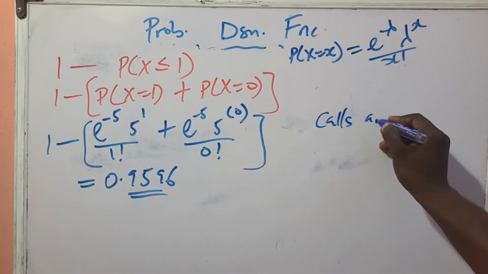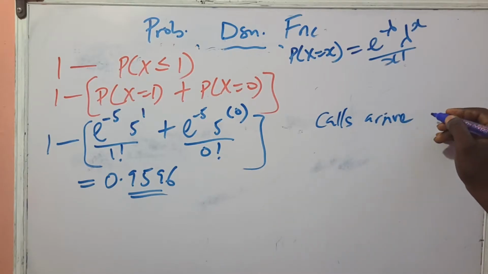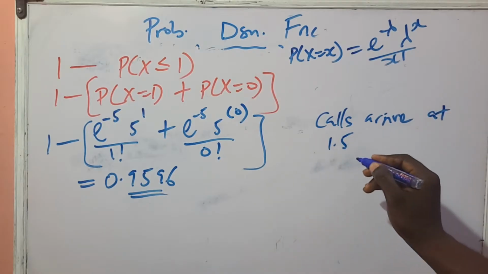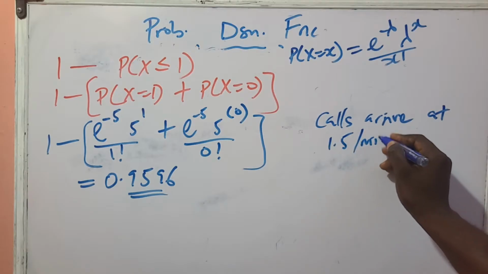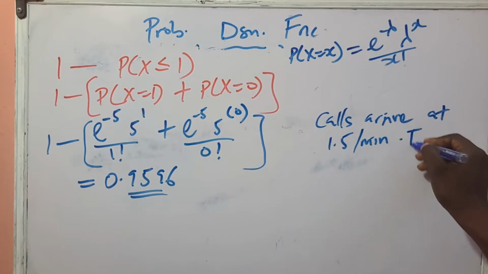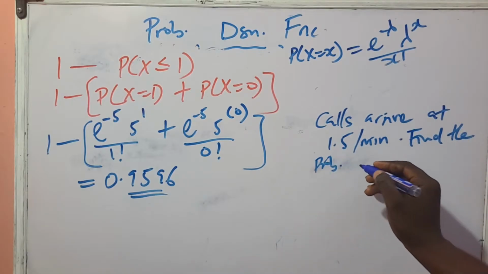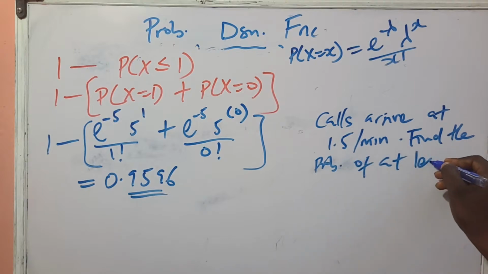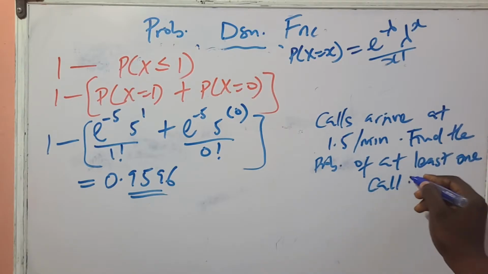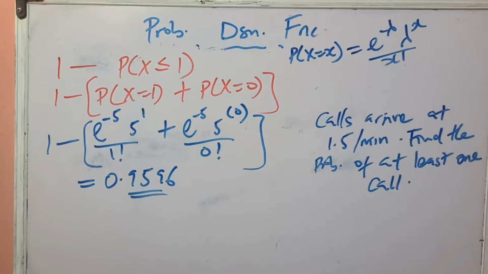So, calls arrive. This is another question. Calls arrive at 1.5 per minute. The question is for you to find the probability of at least one call. So calls arrive at a mean of 1.5 per minute.